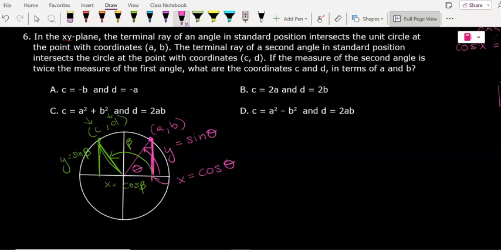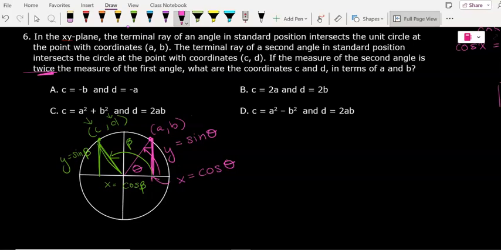So what we have here, when I'm doing each of these problems and trying to figure out what I've got, if I'm trying to figure out C, it's saying that it's twice the measure of the first angle. So that's a double angle right there, okay? So it's saying I'm taking that first angle and multiplying it by 2.